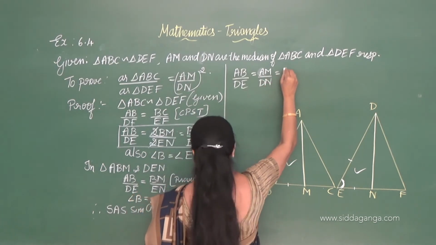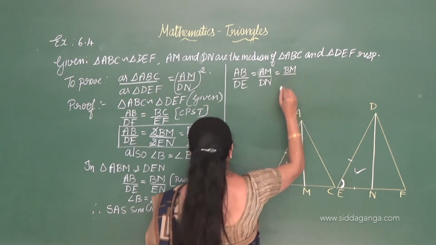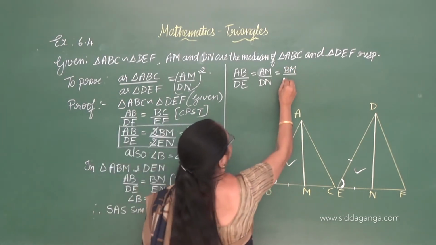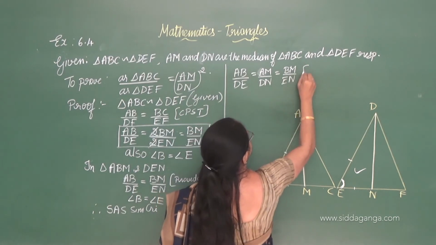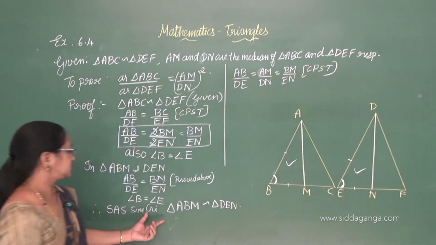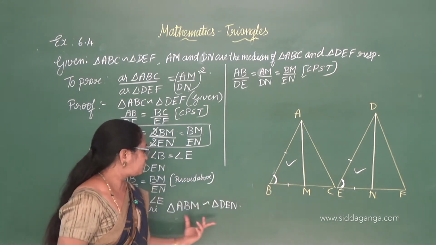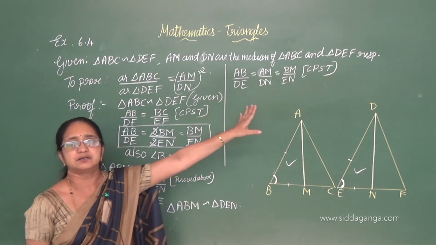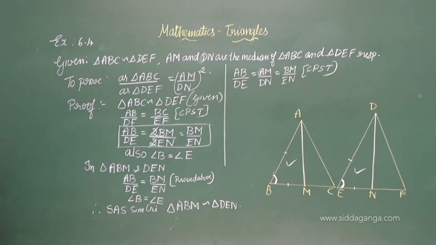So, CPST. Okay. Now, these two triangles are similar. Therefore, I wrote the corresponding sides are proportional. But you just observe carefully now.